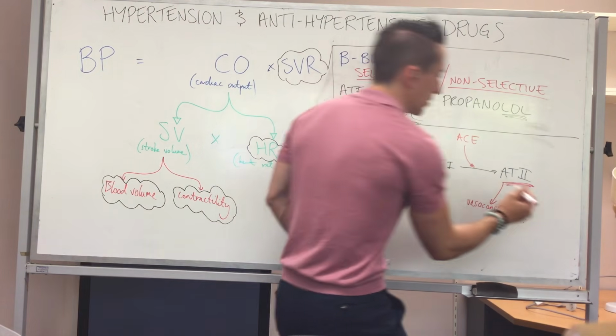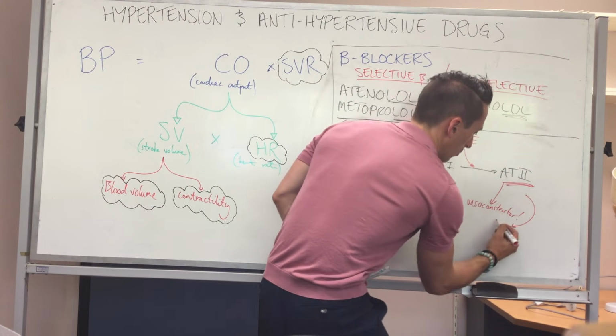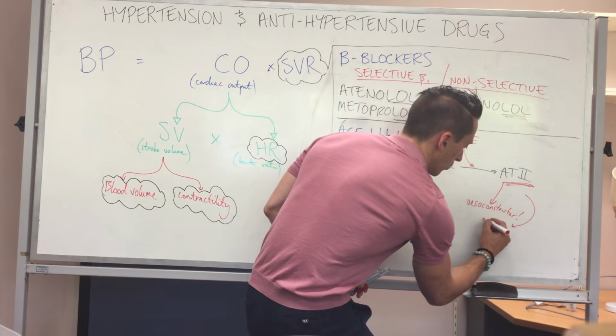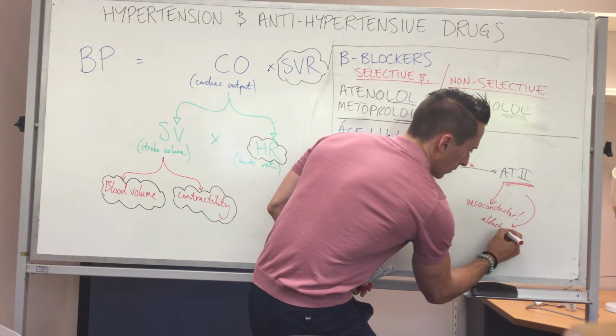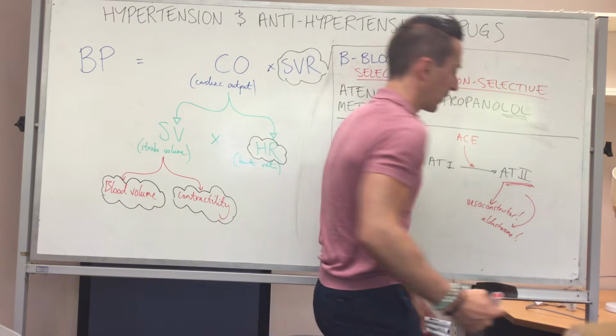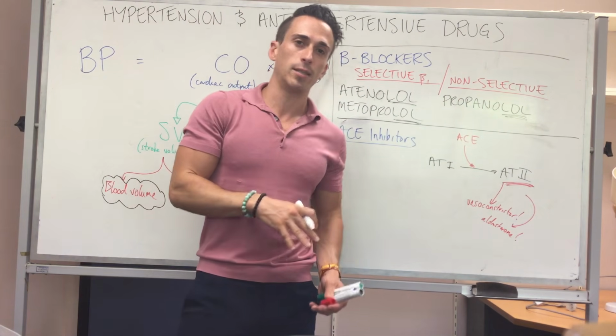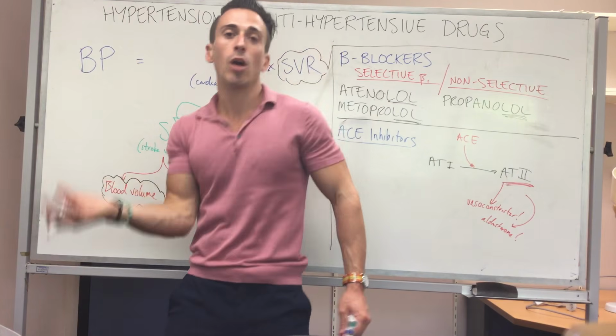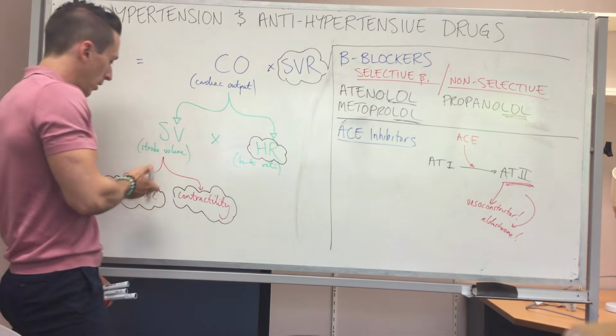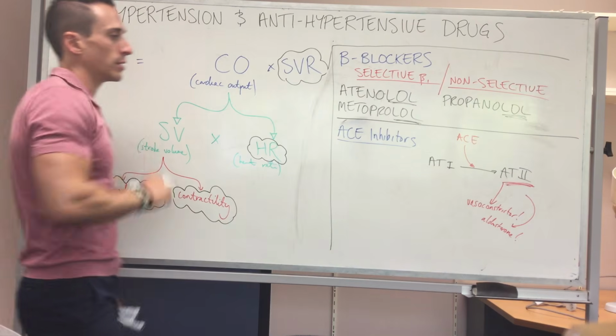What else does angiotensin 2 do? It results in the release of aldosterone. Why is that important? Aldosterone promotes sodium reabsorption at the kidneys back into the blood. More sodium into the blood, more water into the blood, more blood volume, increased blood pressure.